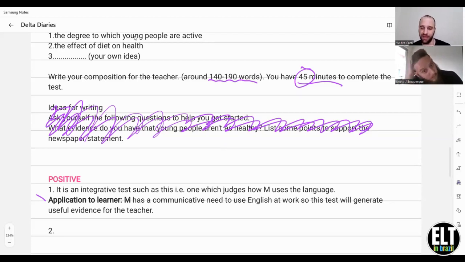So if you use this application for the learner, which is that the test has this communicative need, linked to the learner's work or job, you wouldn't use the same again. But you see that we didn't use the one about M will feel motivated and therefore will probably produce more in the task.